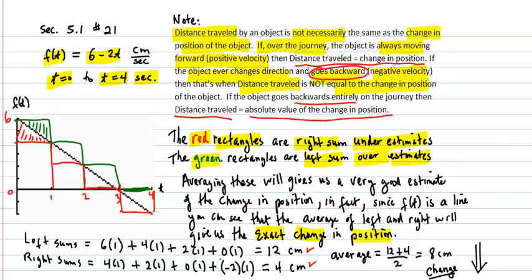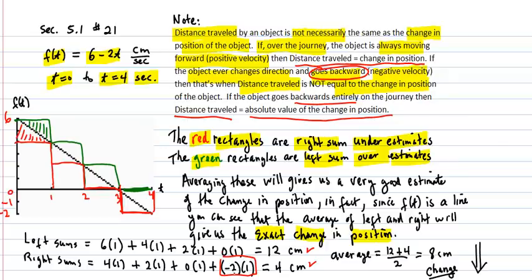And let's just talk about that last moment where it's this -2, because the right sums are the red rectangles. So down here is -2, it's -1. So there is a height here of -2 over that 1 second interval.